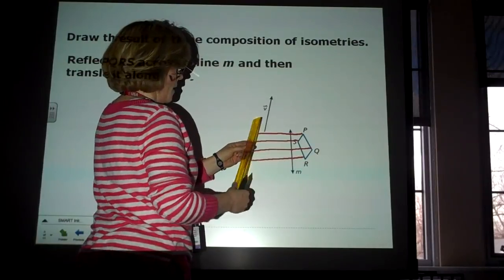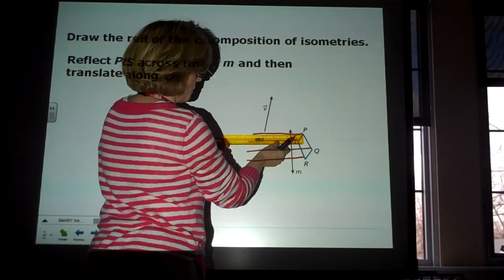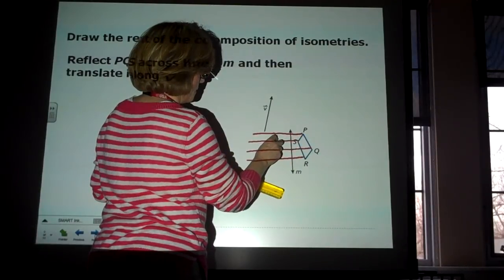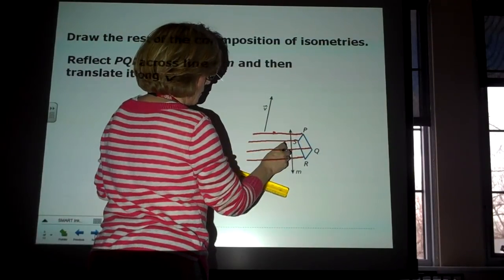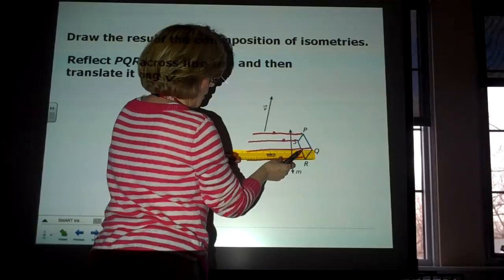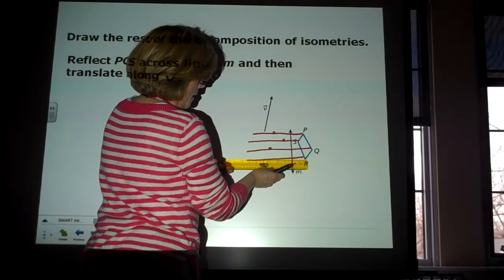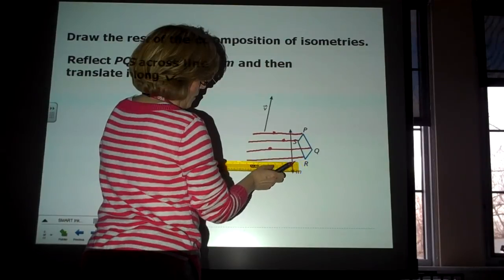Then we measure point P to the reflection line, point S to the reflection line, point Q to the reflection line, and R to the reflection line.